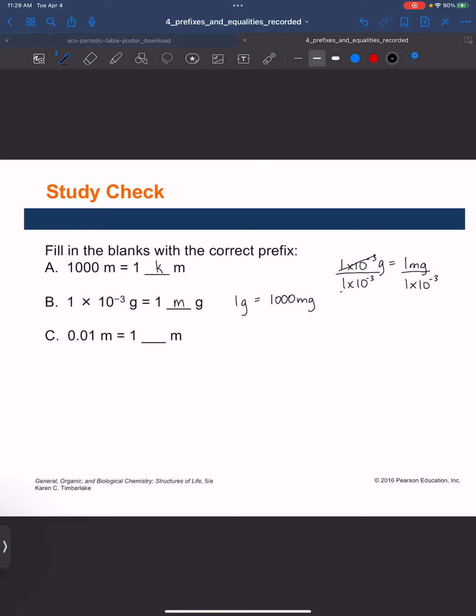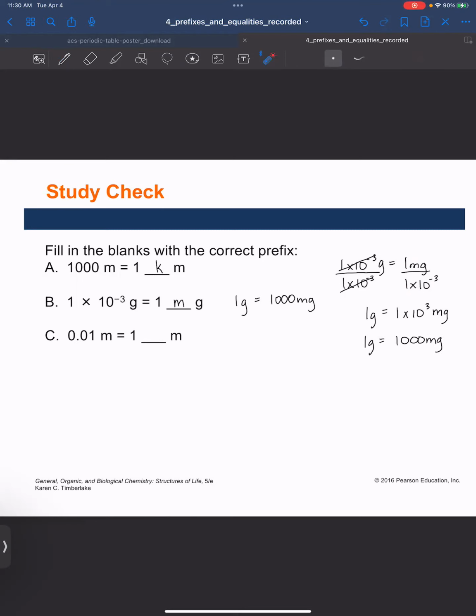On the left side, 1 times 10 to the negative third cancels out, and so we are left with 1 gram. And 1 divided by 1 times 10 to the negative third ends up being 1 times 10 to the third milligrams, which is essentially 1,000 milligrams.